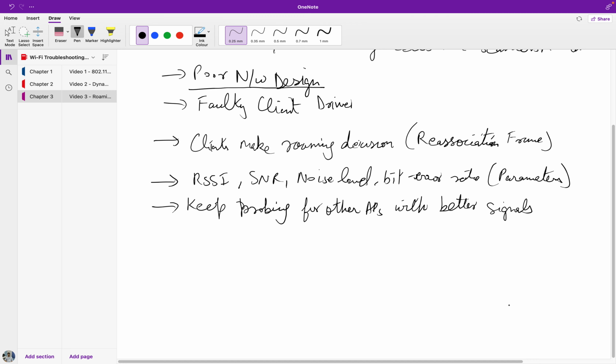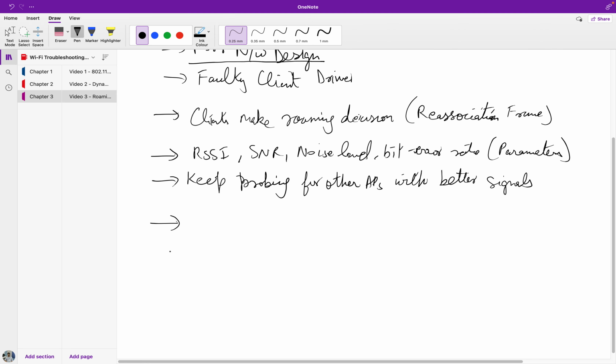As the received signal from the AP they are connected to grows weaker and a station hears a stronger signal from another AP, they will check the SNR, error rate and retransmissions also, and then they'll start to roam. They'll start to make a decision about the roaming. So that's pretty much what happens when a client wants to initiate a roaming process, right?